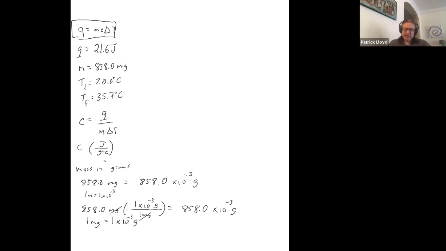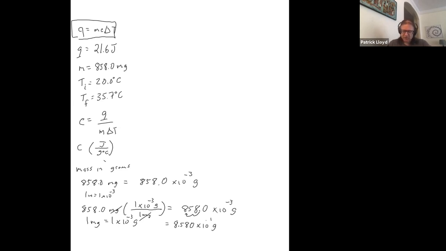Now, if you want to clean that up and put it into scientific notation, you just move the decimal point 2 places to the left. 2 places to the left will make the exponent more positive. Left is positive. So you have 8.580, and then you're moving it 2 places, so 10 to the minus 1 grams.